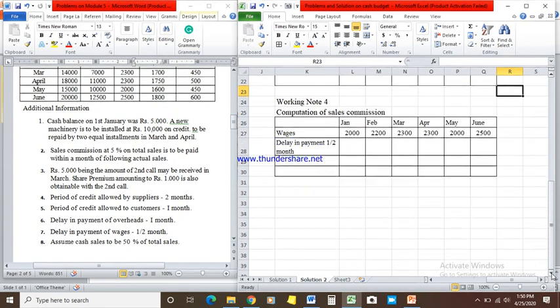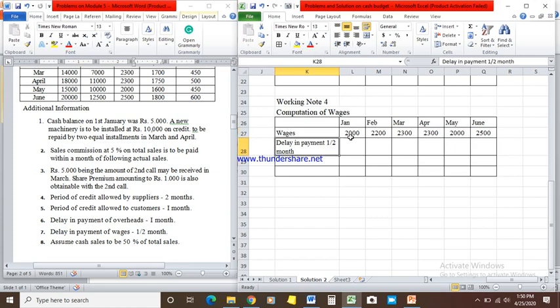The next one is about computation of wages. So the wages is given in the problem already. So in the month of January to June, how much is the amount of wages we are supposed to pay, it is mentioned.